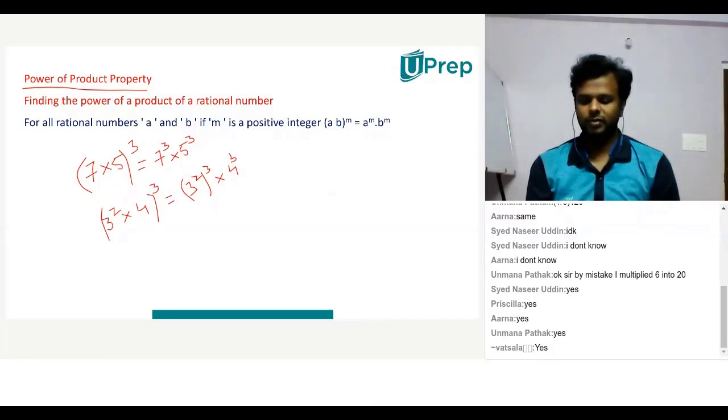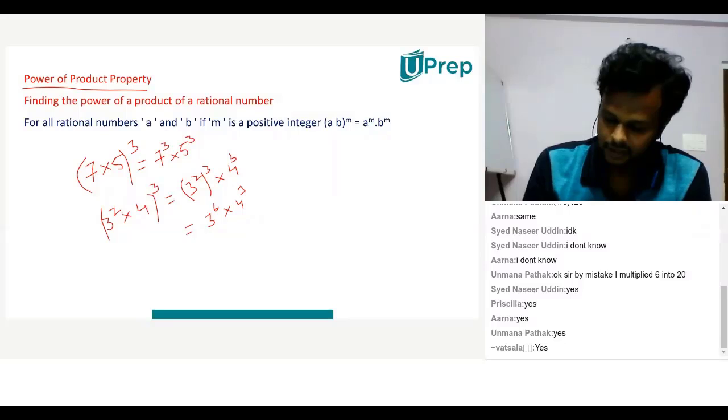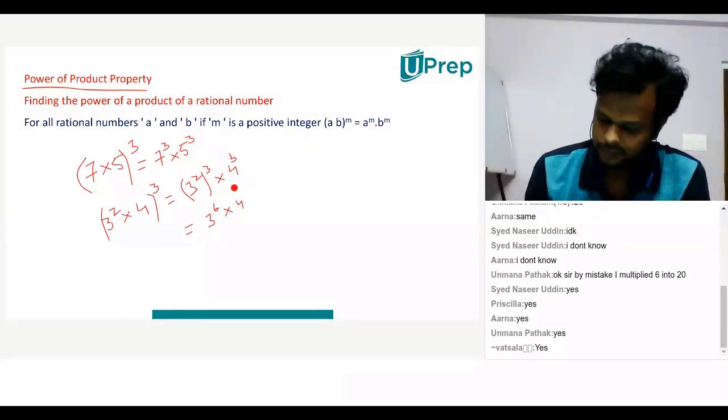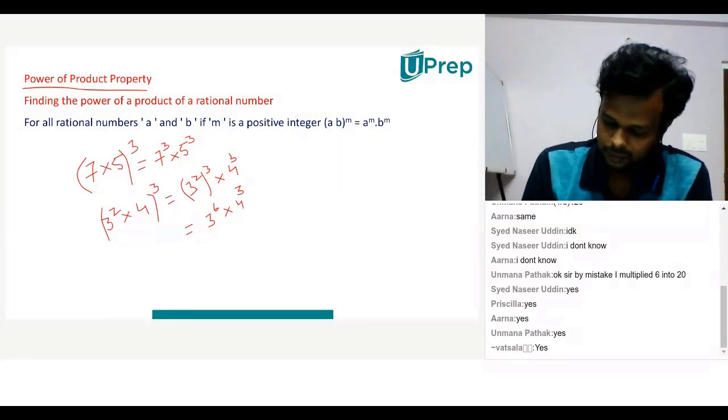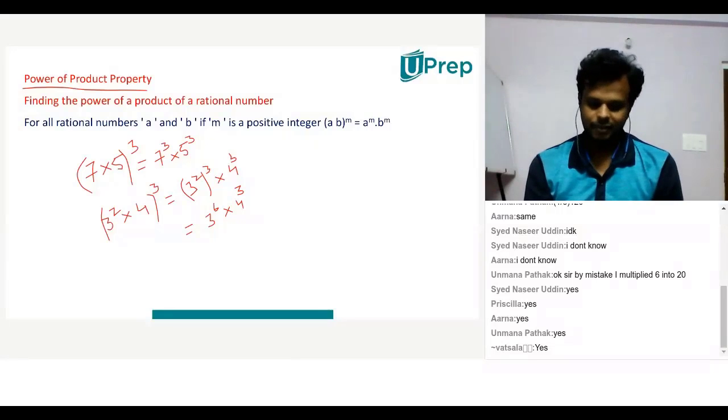So this becomes 3 to the power 6 into 4 power 3. Children, is everybody with me here?